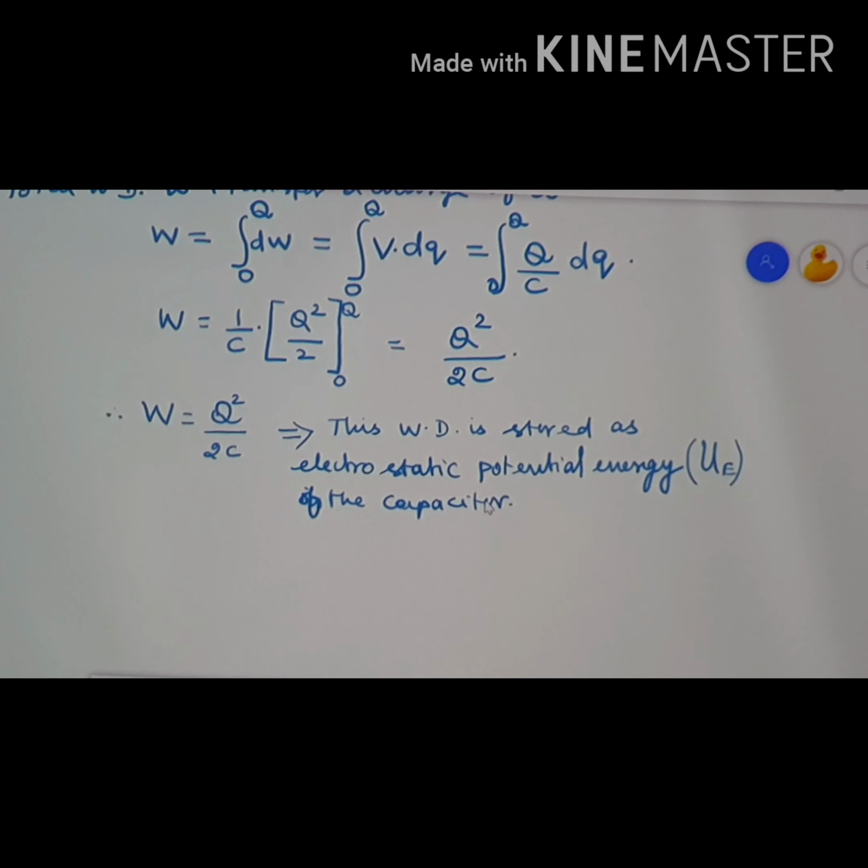I think you are very clear. Therefore, I can write this equation as epsilon E is equal to Q square divided by 2C, or I can also write it as one half into Q square divided by C. This is the expression for the electrostatic potential energy of the capacitor.